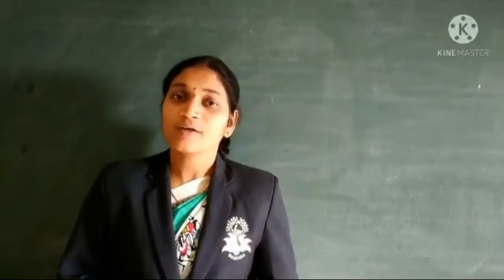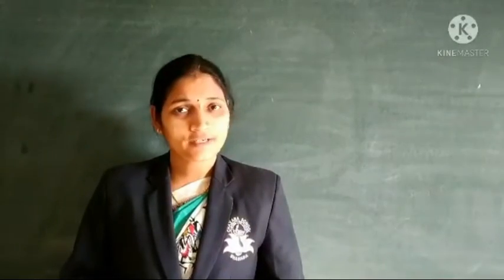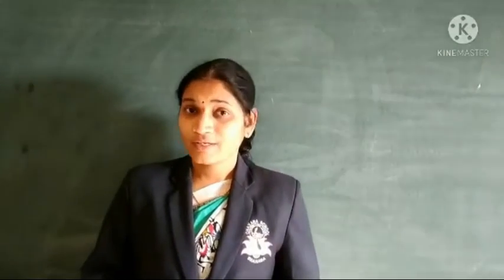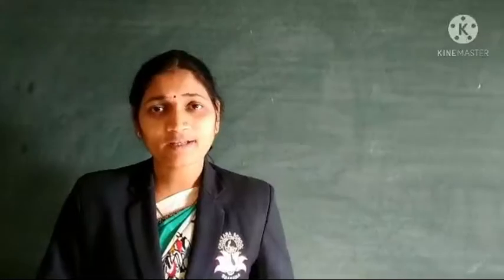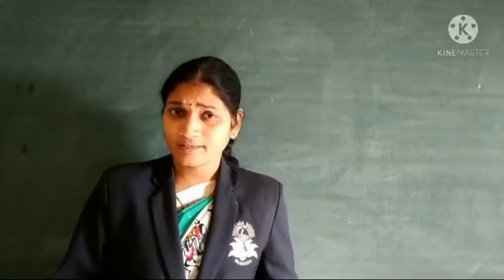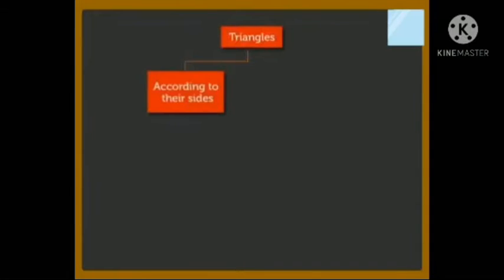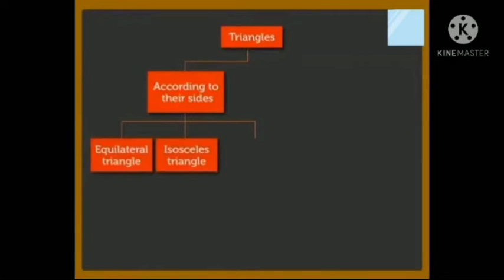So let's learn, student, the types of triangles. Here we will learn the types of triangles according to angles and according to sides. Types of triangles according to their sides: first, equilateral triangle; second, isosceles triangle; third, scalene triangle.